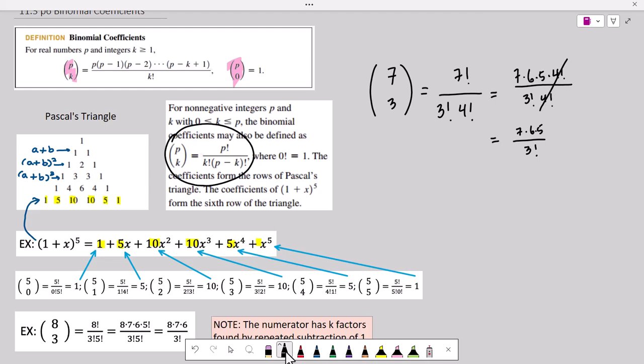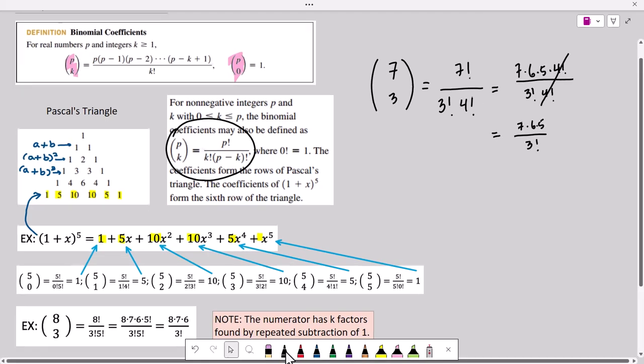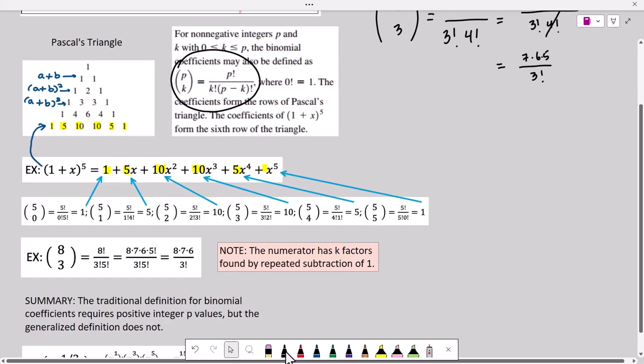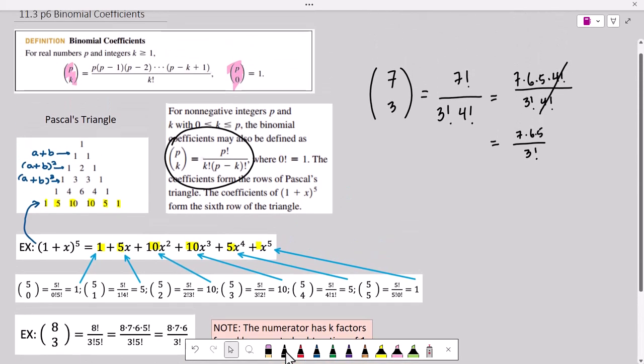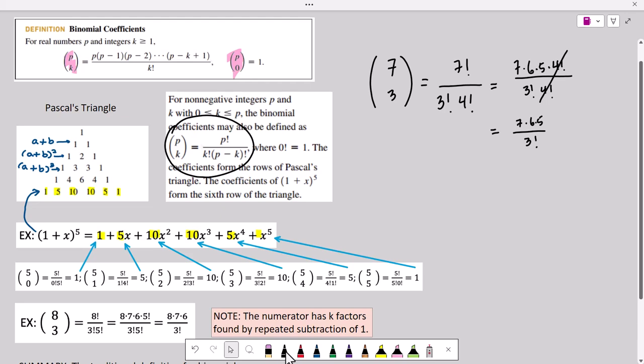This is going to be super important because we will be able to generalize the theorem that we're about to look at. So let's make sure we understand how these coefficients work. Let's just look at this one. For this coefficient, we're going to take 5 factorial, 2 factorial, 5 minus 2 is 3 factorial, right? 5 choose 4, we do the 5 factorial, we do the 4 factorial, we take the difference and get 1 factorial.